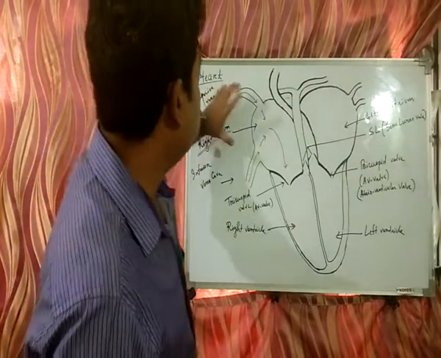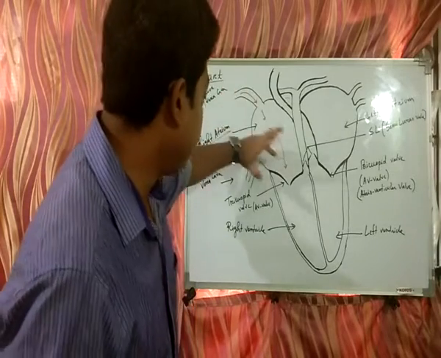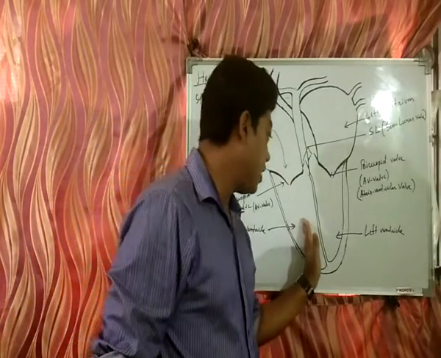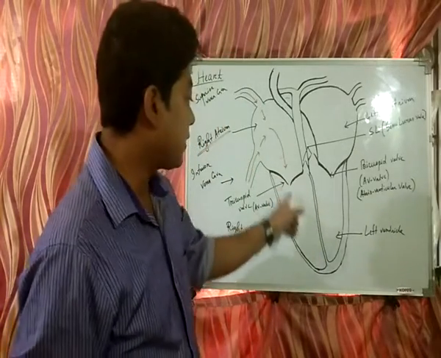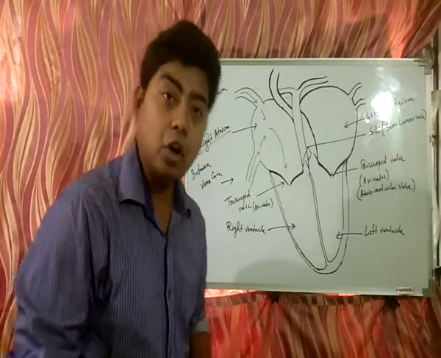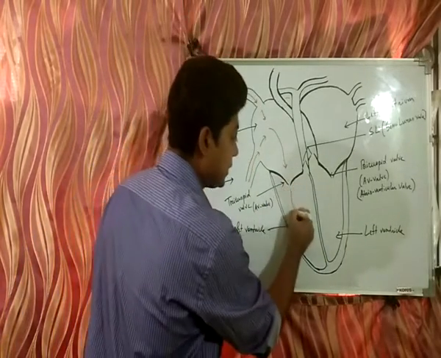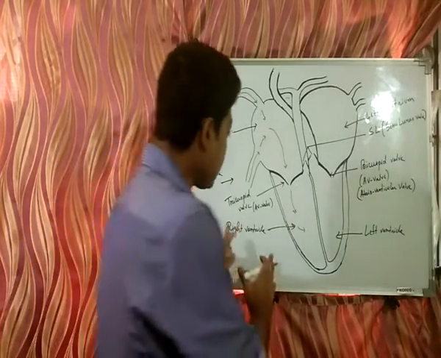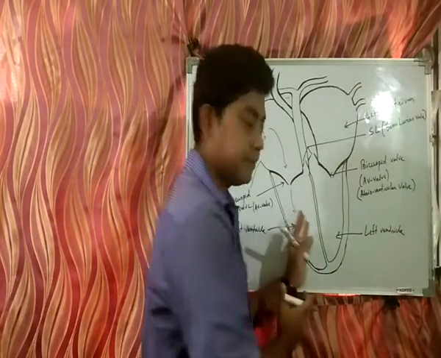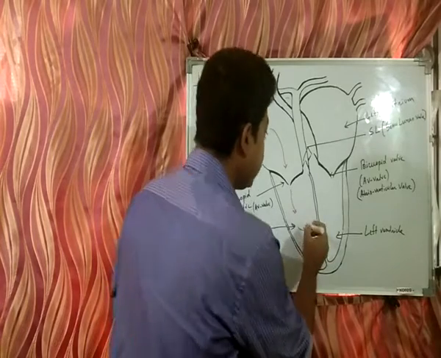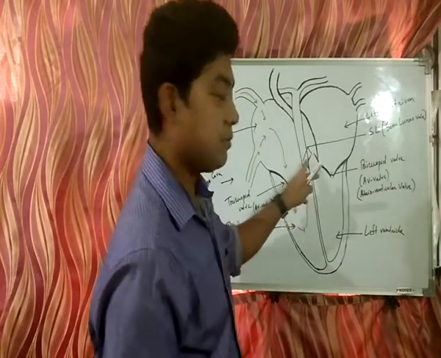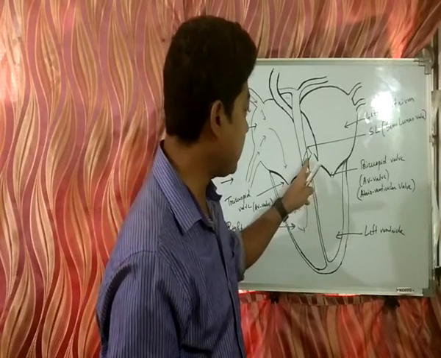The blood carried by the vena cava moves from the right atrium to the right ventricle through the tricuspid valve. This is deoxygenated blood. Now the right ventricle gives pressure, and the blood moves through this semi-lunar valve. This one is the semi-lunar SL valve, and this one is the AV valve.